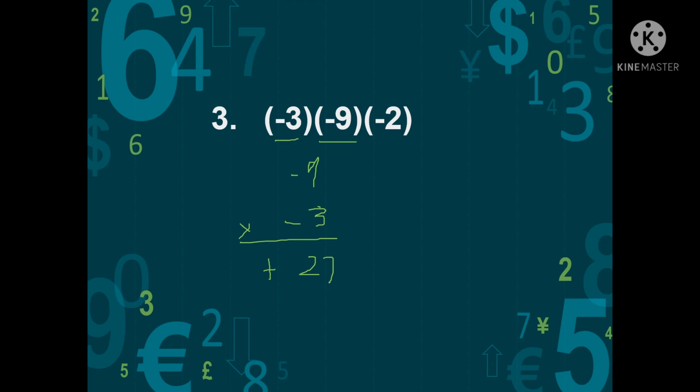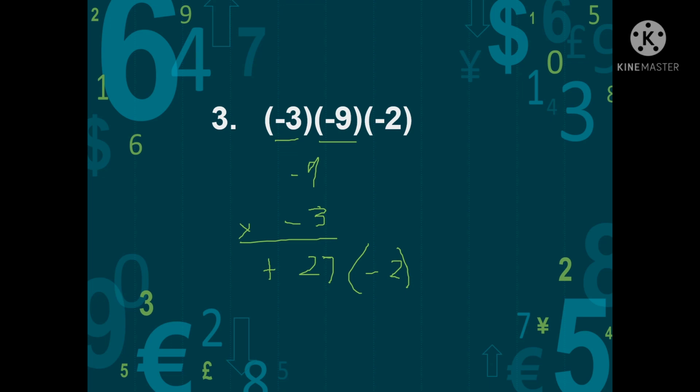And then positive 27 multiplied by negative 2. So in multiplication, once again, if the two numbers have different signs, we will just multiply them and give the result a negative sign.